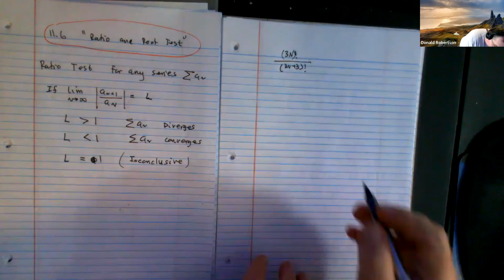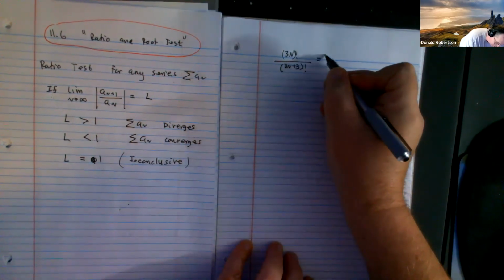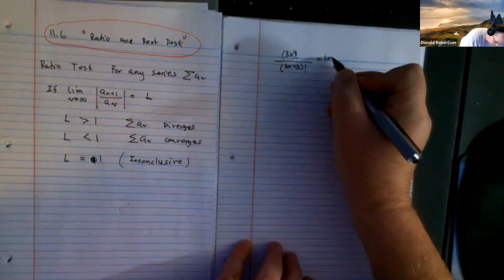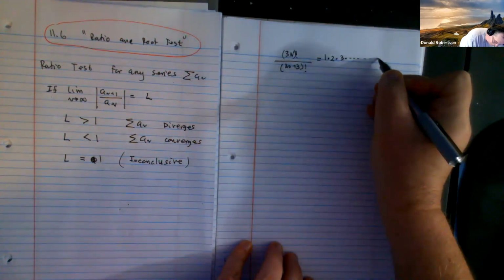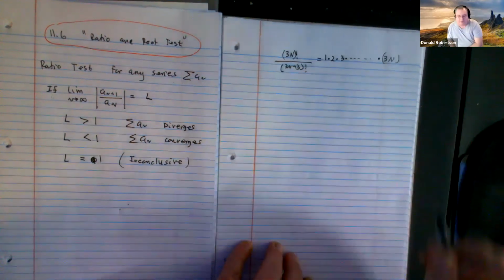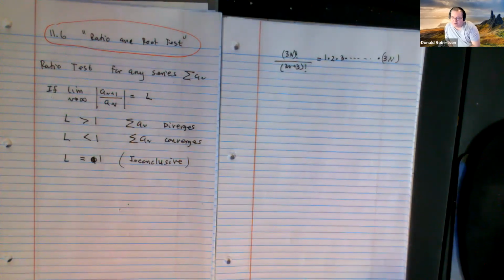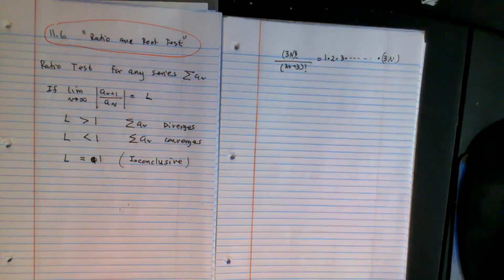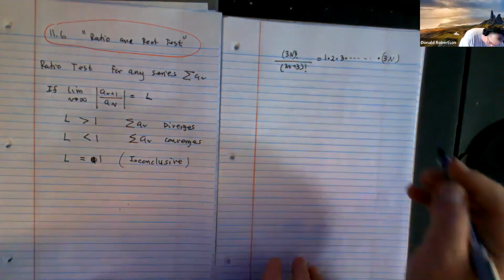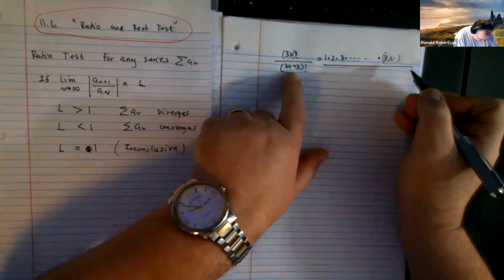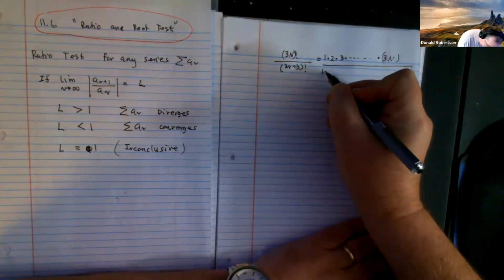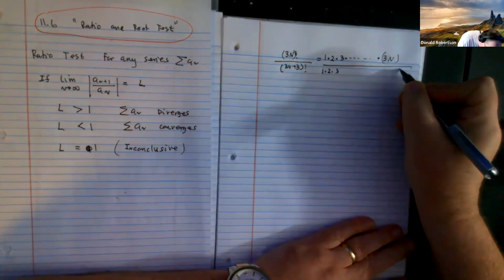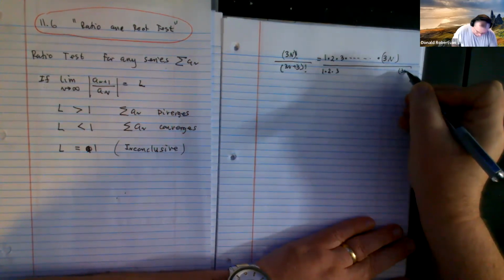So when I see 3n factorial, I think of 1 times 2 times 3 times all the other numbers, and you'd finish on whatever number 3n would be. Are you comfortable that that's what 3n factorial would look like? Yeah. Right. Now, if you do 3n plus 3 factorial, it also starts with 1 times 2 times 3, and it finishes at 3n plus 3.